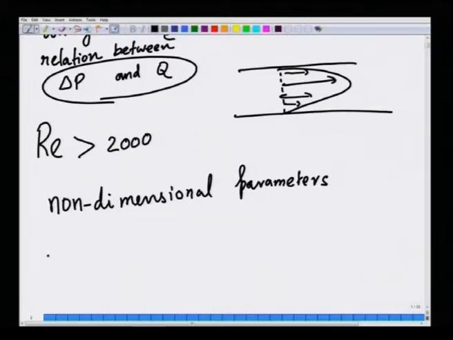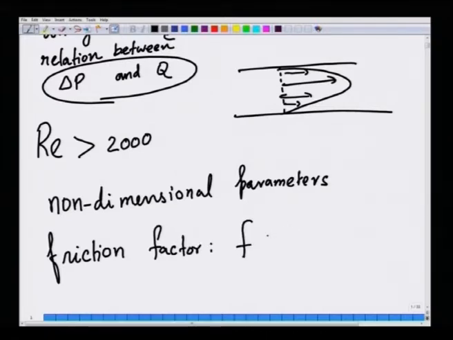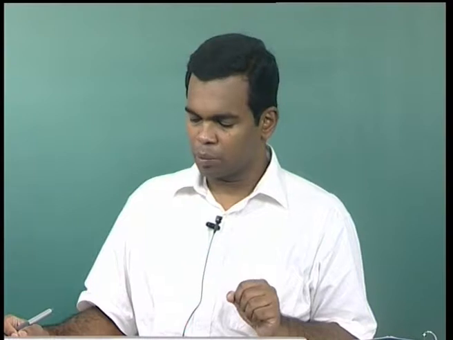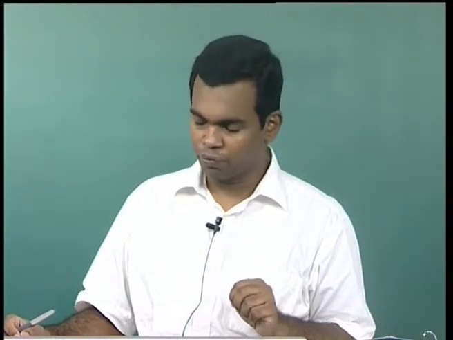The friction factor is nothing but a non-dimensional pressure drop. It is denoted by the symbol f, and is defined as delta P divided by half rho V bar squared times L by D. The friction factor thus defined is called the Darcy friction factor, because there is another friction factor called the Fanning friction factor, which is off by a factor of 4 compared to this, or off by a factor of 8 in some conventions.